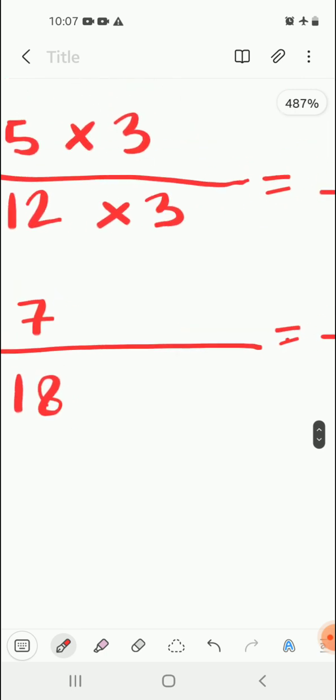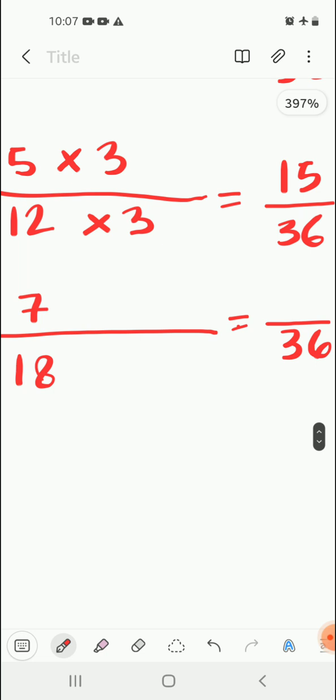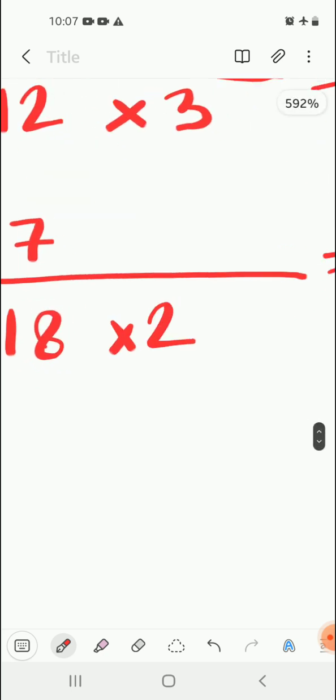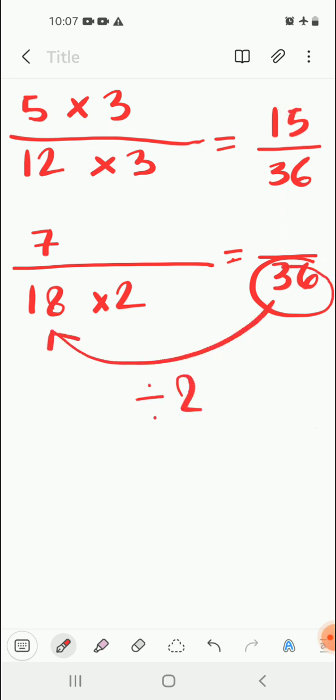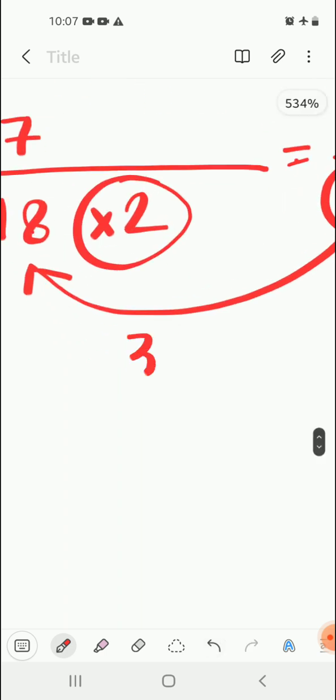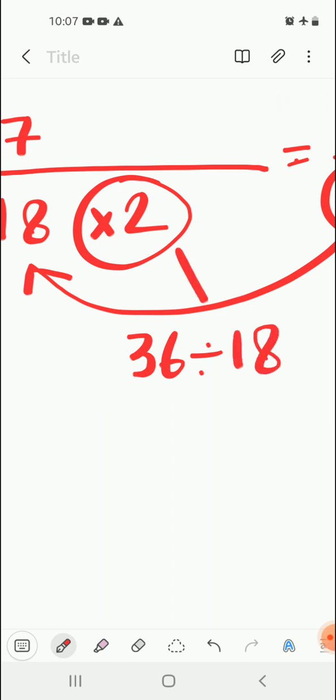Here again we have 18 and 36. So we have to divide 36 by 18, or if you know the table of 18, you would know it is 18 into 2. If you do not know the table, you divide 36 by 18 and you get 2, which I'm writing over here.